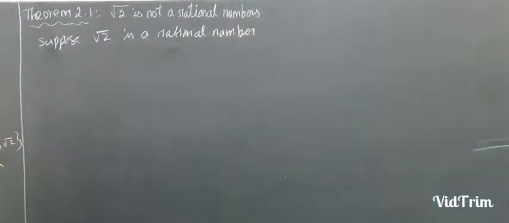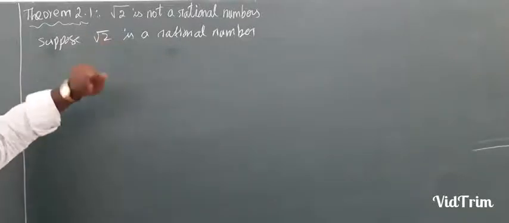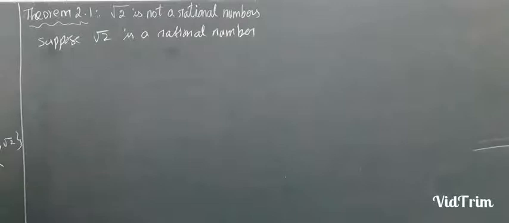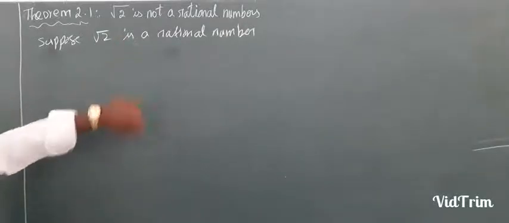I select a negative statement and try to prove the rational number, then we automatically prove the given theorem. So look at how I solve this sum. Suppose root 2 is a rational number, but the real statement is root 2 is not a rational number. That is the original statement, but I select the opposite.